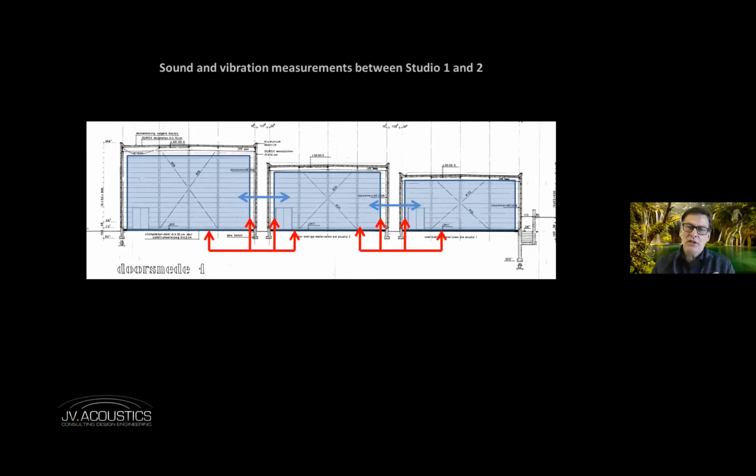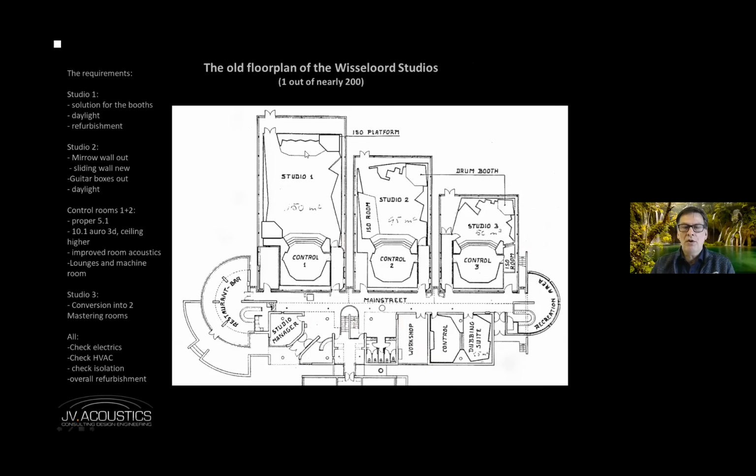But actually it wasn't. They had transmission between these halls. If we go back here, so this is one hall, Studio 1. Studio 2 is another hall, and the 3rd hall, and separate building parts connected with this main street, this aisle here. This is the rest of the building, and there's an additional building here.